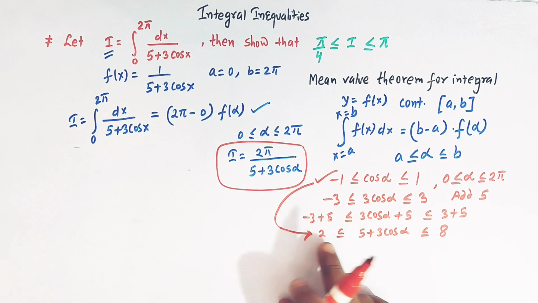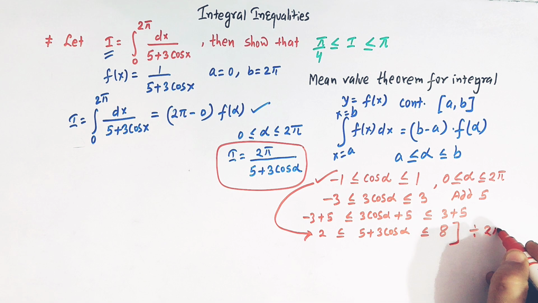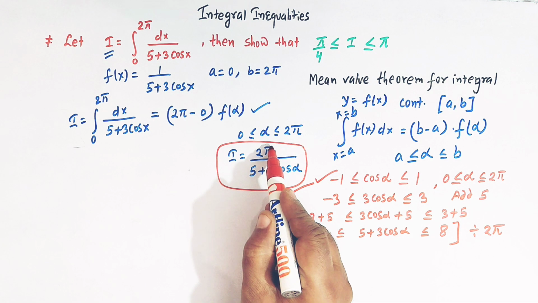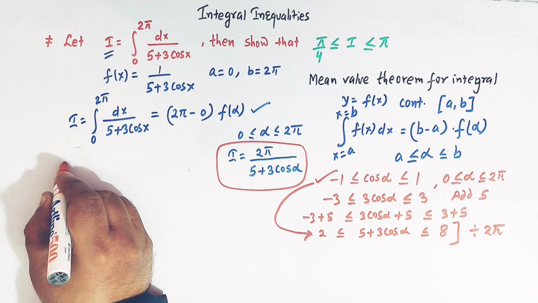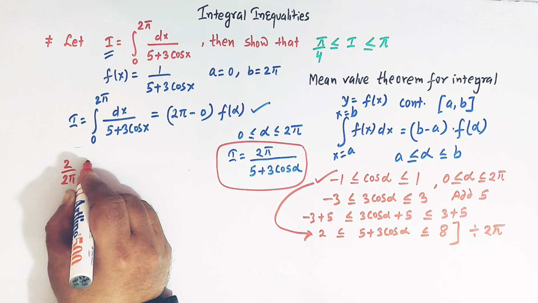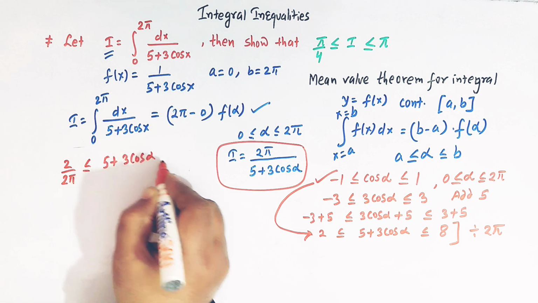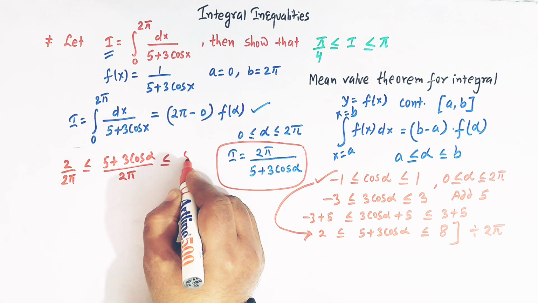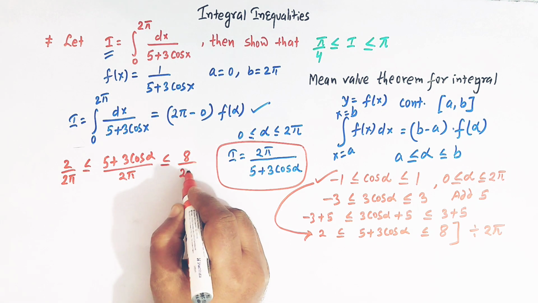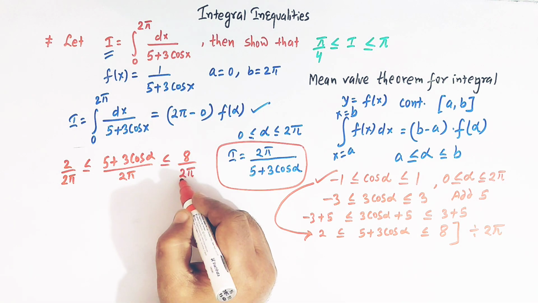Now let us divide this inequality throughout by 2 pi, because here we have a factor 2 pi. We have 2 over 2 pi, then 5 plus 3 cos alpha divided by 2 pi, and 8 divided by 2 pi. Now we can cancel the common terms.